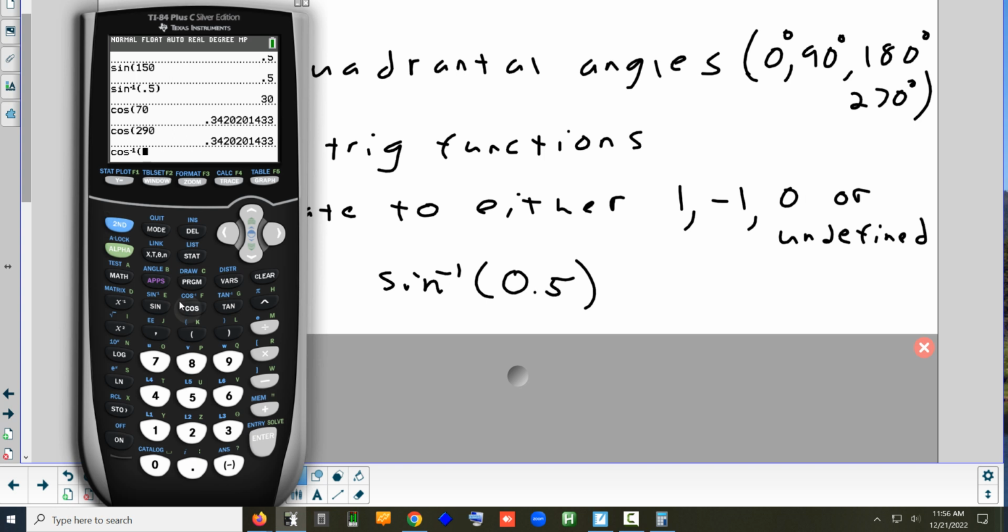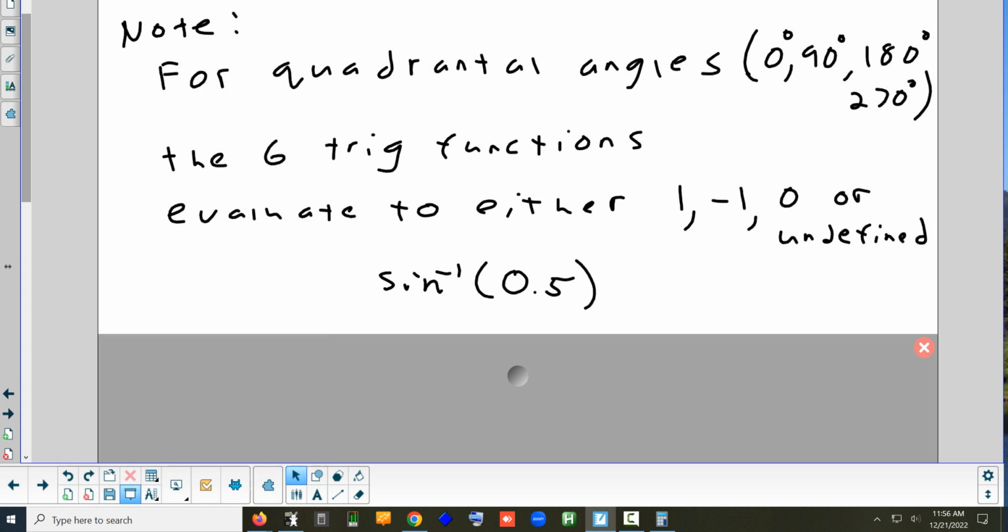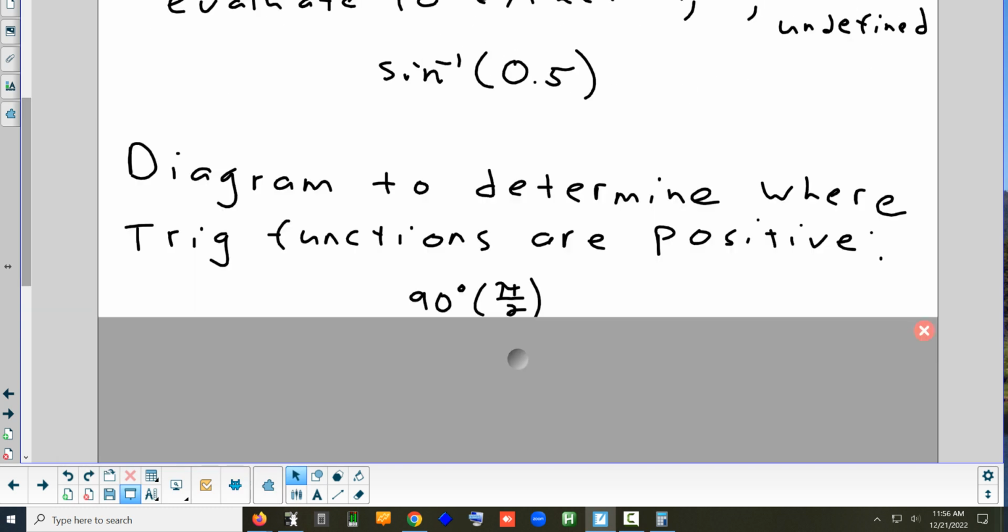So if I do the inverse cosine of 0.34202, the problem is it's only going to give me one of those angles, and it chose to give me the 70. It did not give me the 290. So how am I getting this other one? What am I doing in my head when I think through it? I'm going to show you what I did.